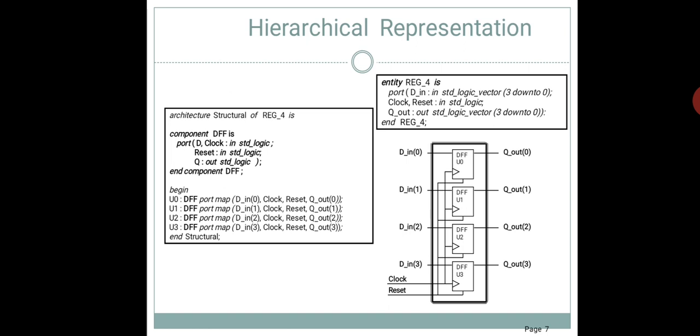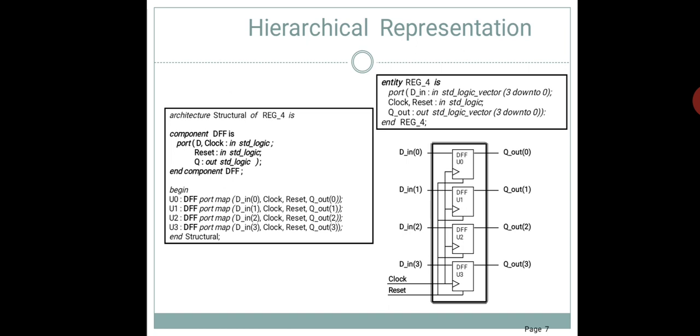So architecture structure of register 4 is, now here we have used 4 different D flip flops, which are the same D flip flop. This D flip flop we have designed earlier, so we will be using it directly in this implementation.